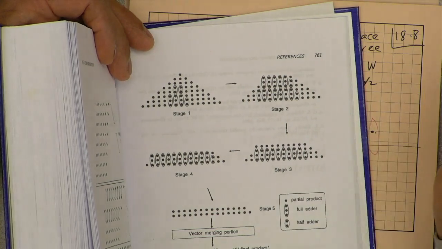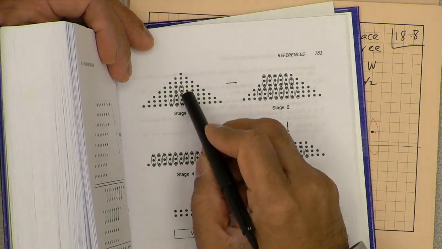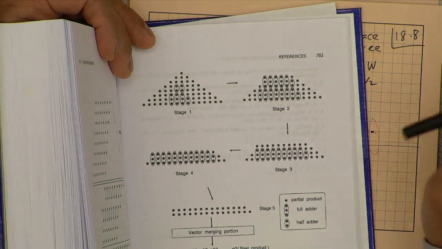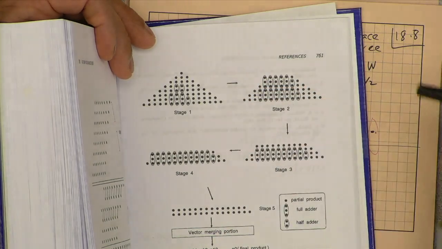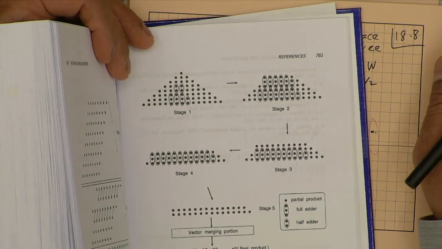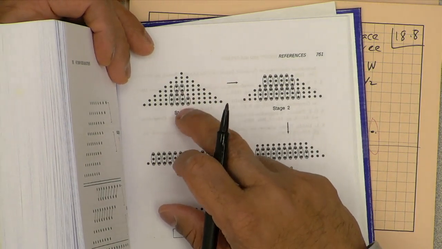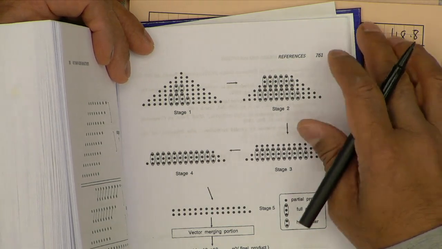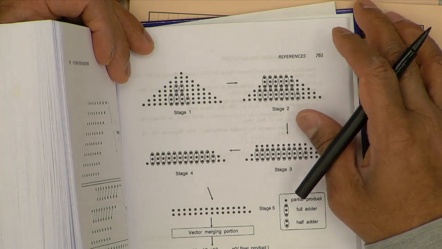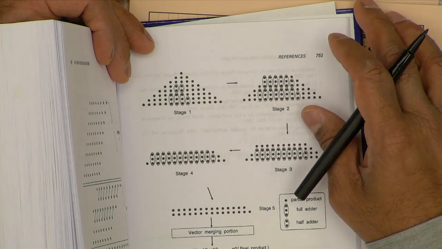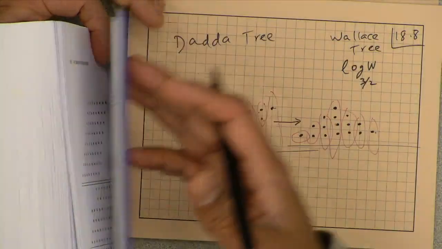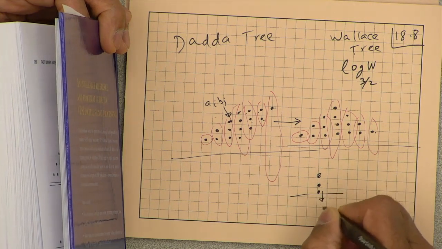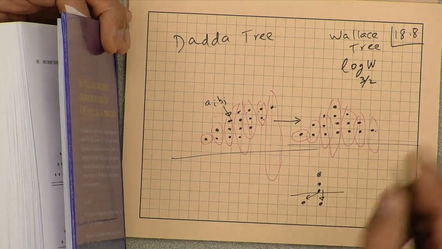This is how it works. These groups shown here, with 2 things here and 3 things here, are added. We add these 3 things with a full adder. If I add a plus b plus c, it generates a sum and a carry.